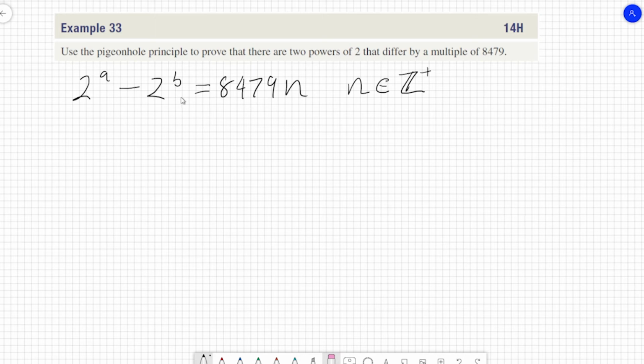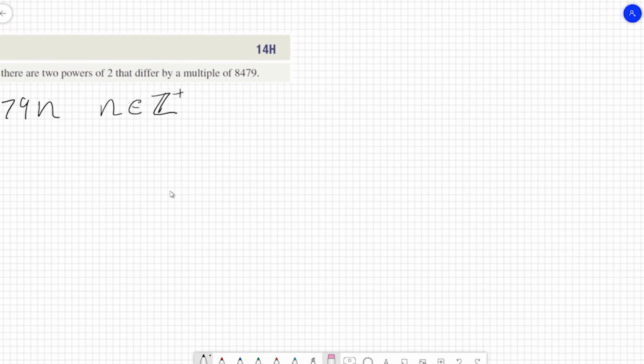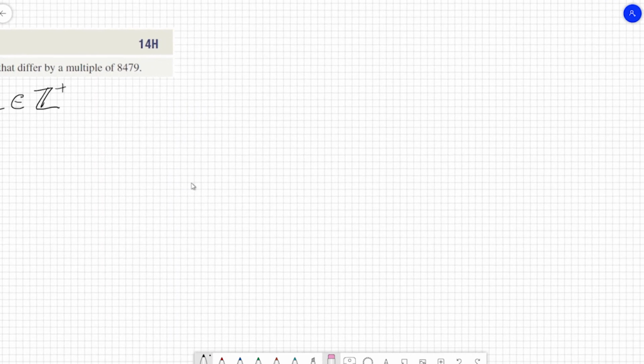So how do we know that there are 2 powers that can accomplish this? The 2 powers will have a difference of a multiple of 8,479. Well, that will require us to look at the property of remainders.